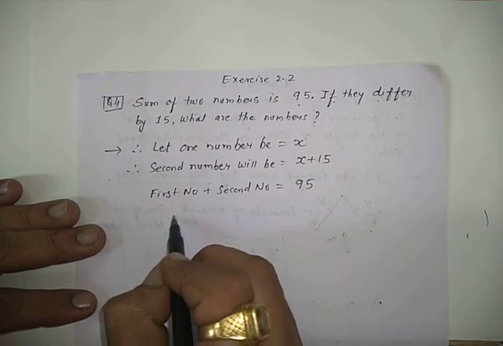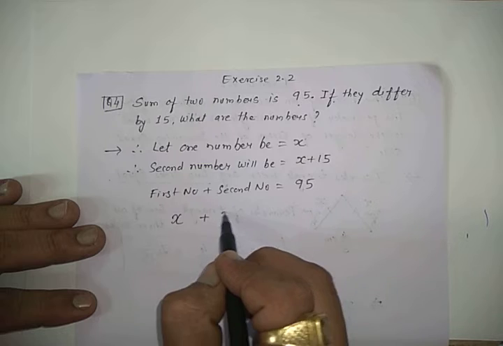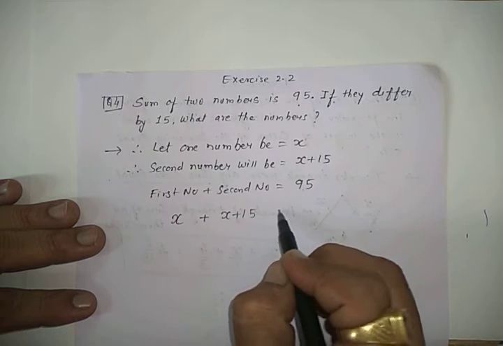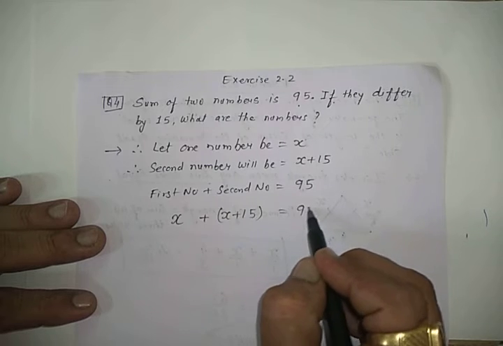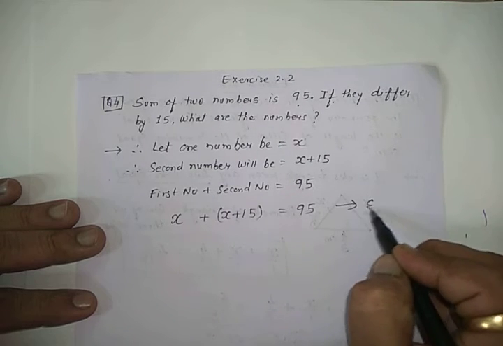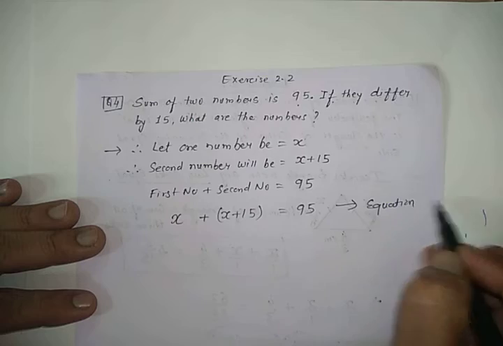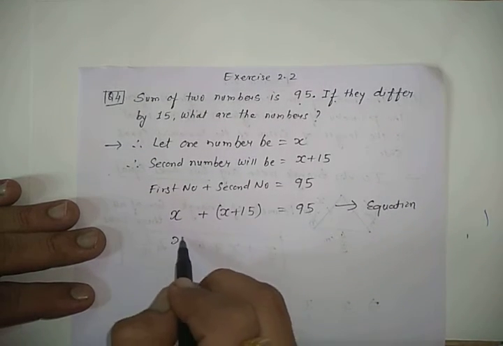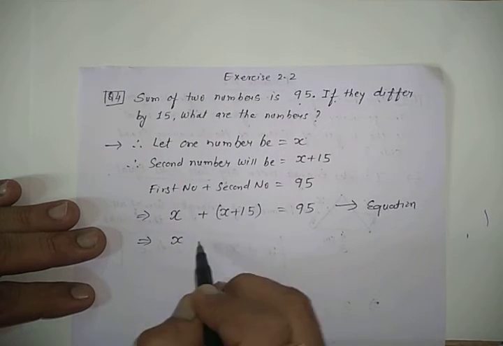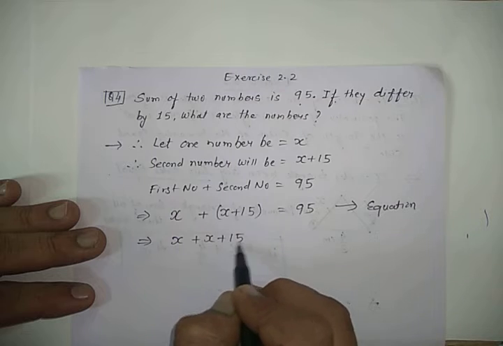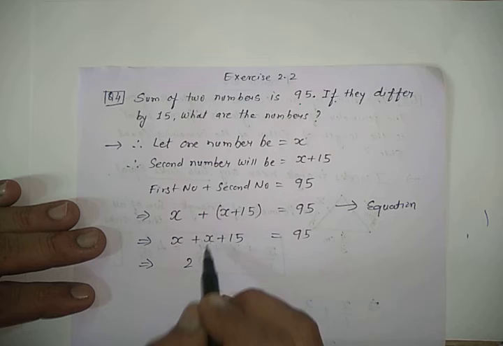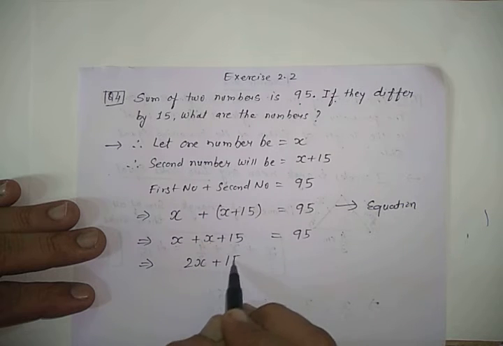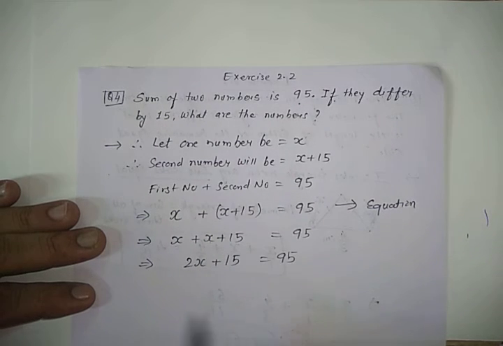That is, first number x, second number is x plus 15, and the summation of these, that is why we have written plus, is 95. So this is our equation. We need to solve this equation. So x plus x plus 15 is equal to 95. Here we get 1x plus 1x, it will be 2x plus 15 is equal to 95.